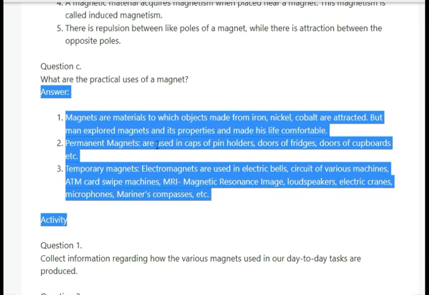Permanent magnets are used in caps of pin holders, doors of fridges, doors of cupboards, etc. Temporary electromagnets are used in electric bells, circuits of various machines, ATM card swipe machines, MRI (magnetic resonance imaging), loudspeakers, electric trains, microphones, mariner's compass, etc.